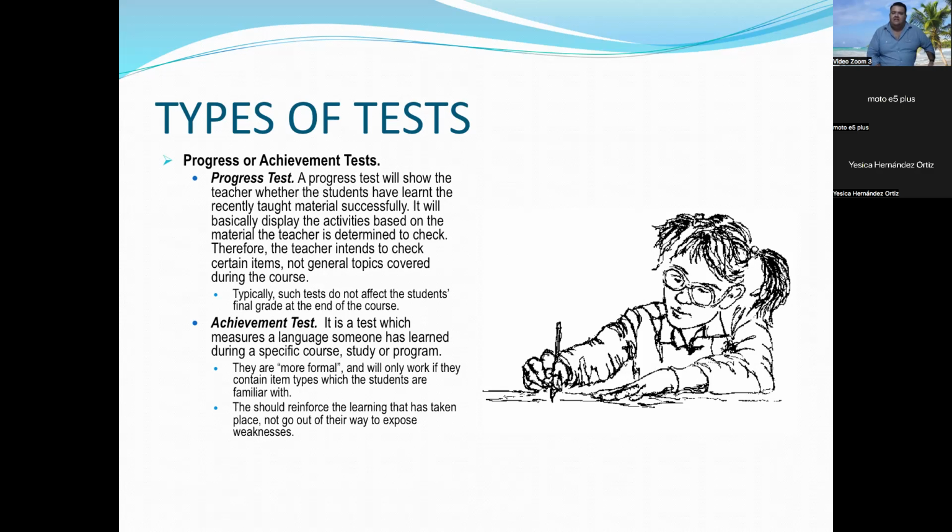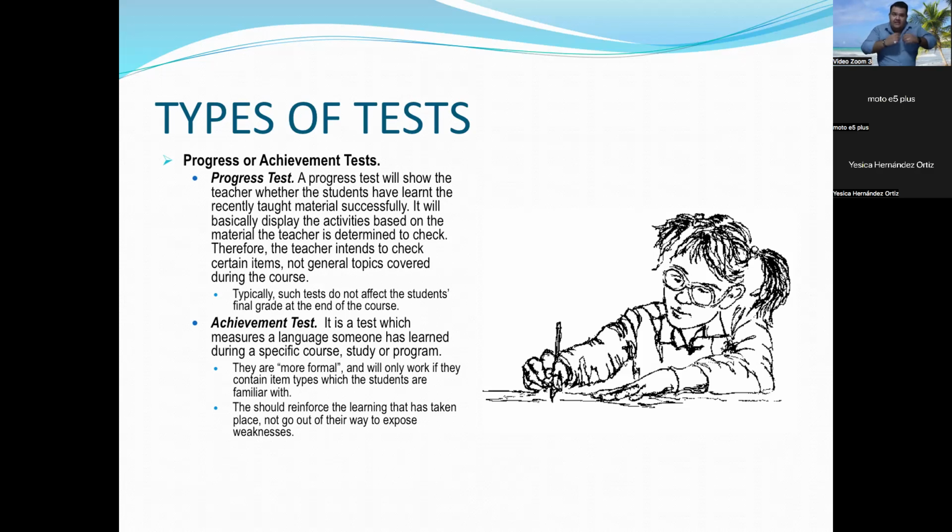Therefore, the teacher intends to check certain items, not general topics covered during the course. And then the achievement test is a test which measures the language someone has learned during a course, a study, or program. They're more formal and will only work if they contain items which the students are familiar with.